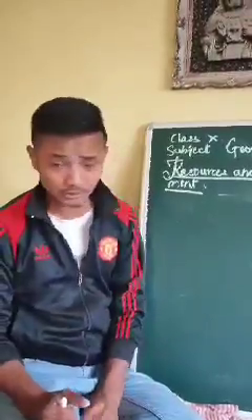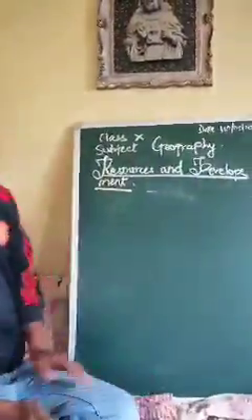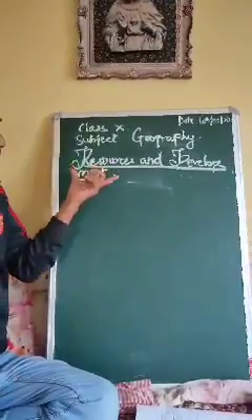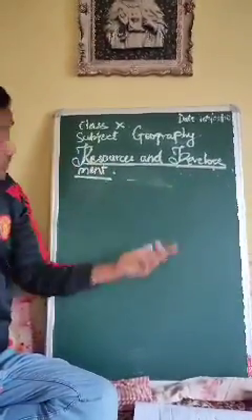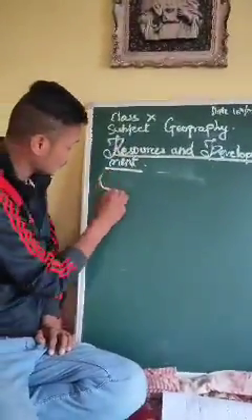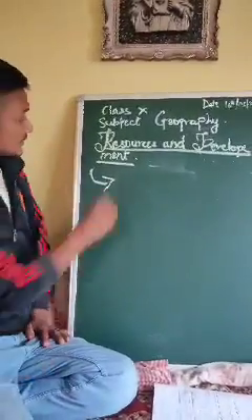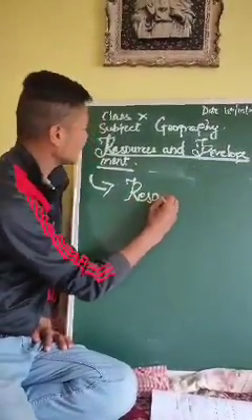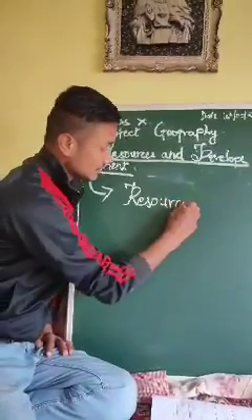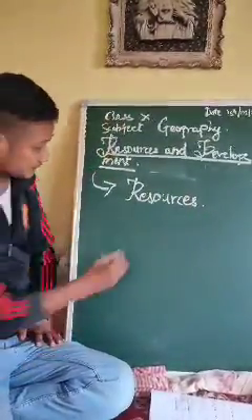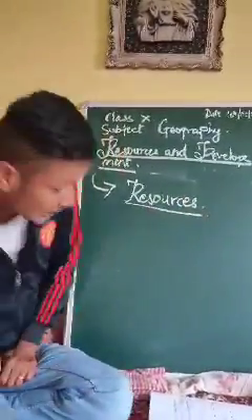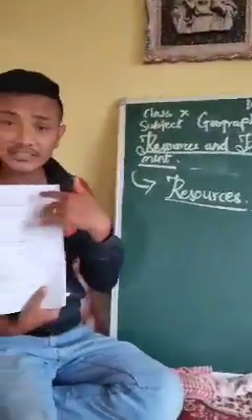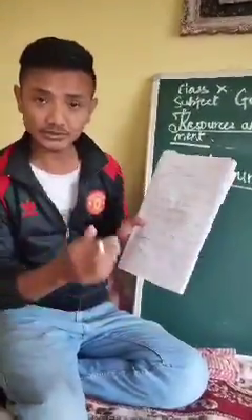So when I write resources and development, first we have to know what is resources and what is development. So let's study about resources. What is this? Students, I have written everything here, and I'll be sending you this file, these notes too.